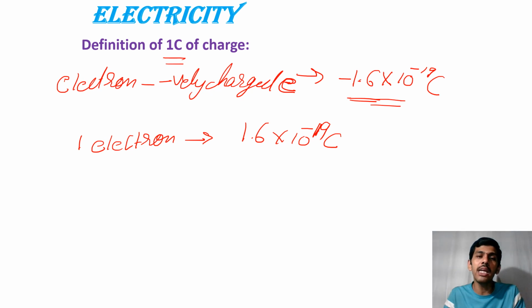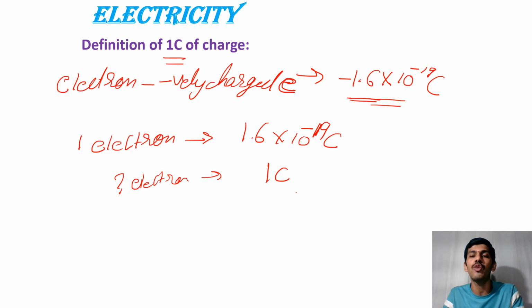So how many electrons are required to form 1 coulomb of charge? Just cross multiply: 1 into 1 electron divided by 1.6.